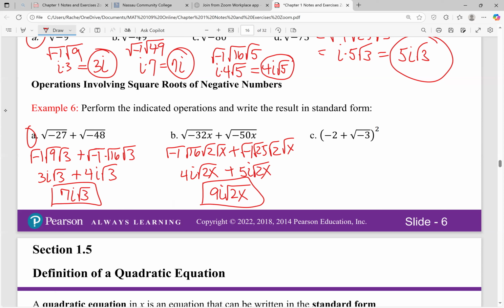And then let's do one more where instead of adding, we're going to be multiplying, right? Because in C, I have -2 plus the square root of -3, squared.